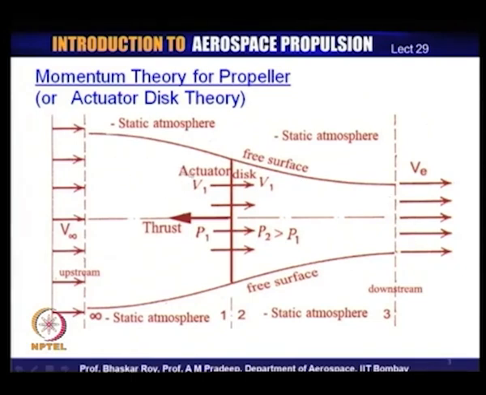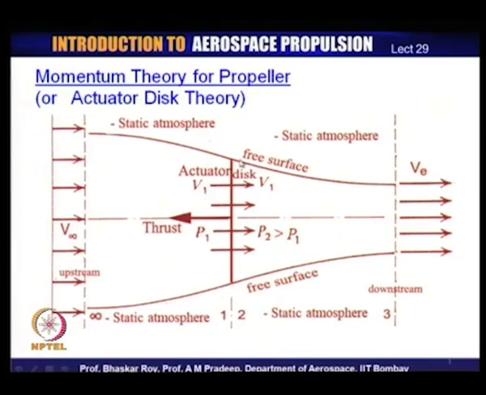It is bounded by this free surface, which is actually, as you know, air. So, the air is flowing inside this free surface domain, and outside this free surface domain is static atmosphere. Now, as the flow is drawn into the actuator disc, a propeller in reality is a suction mechanism. It draws in air from all sides, and that is exactly what is shown here in this domain definition, that the flow is being drawn in from here, and its area is decreasing as it approaches the actuator disc.